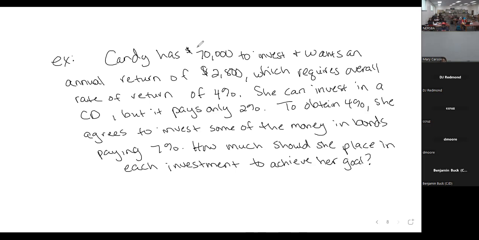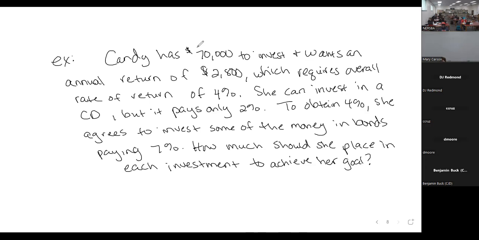So she wants to make 2,800, which requires an overall rate of return of 4%. She can invest in a CD, but it pays only 2%. And to obtain 4%, she agrees to invest some of the money in bonds that are paying 7%. How much should she place in each investment to achieve her goal? Okay.